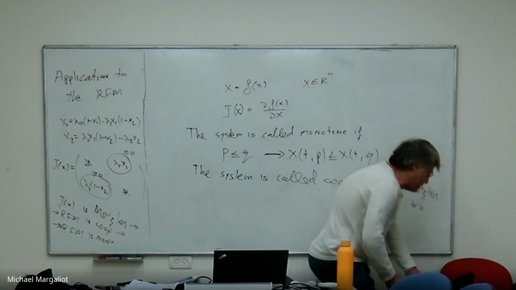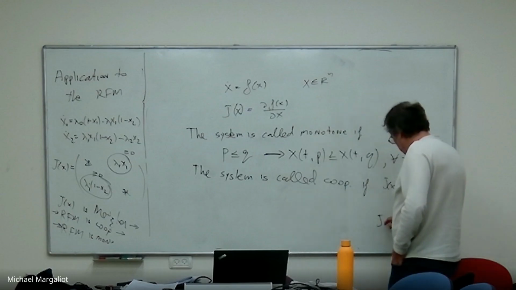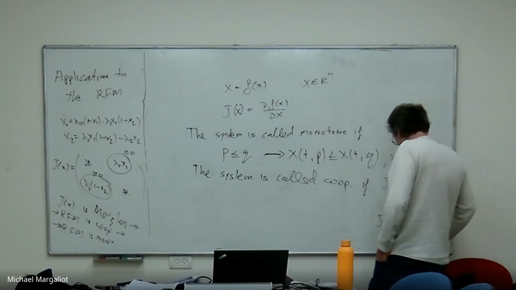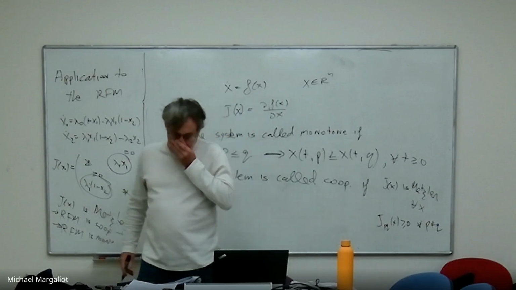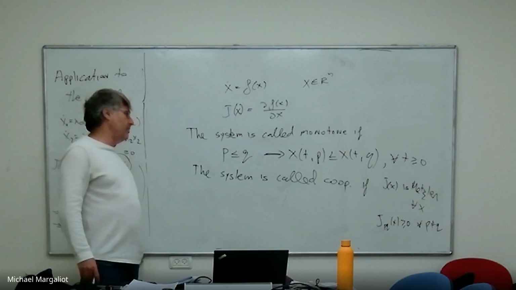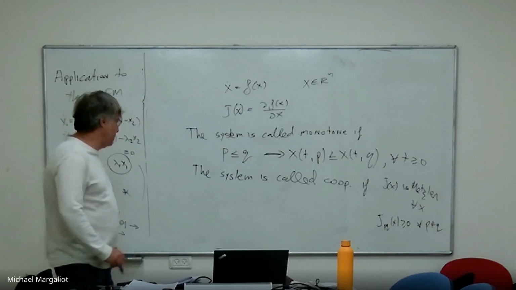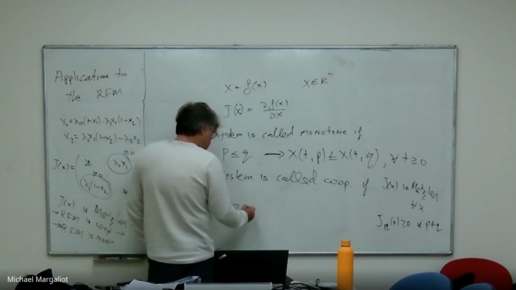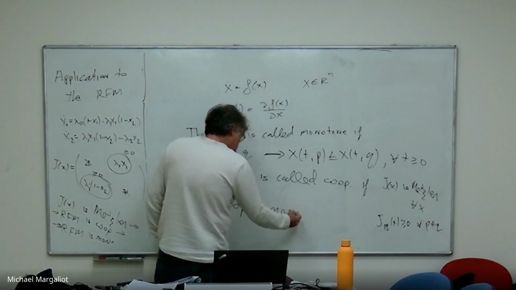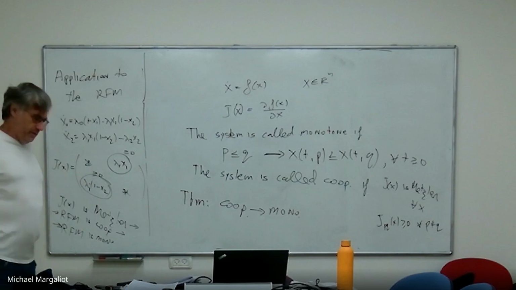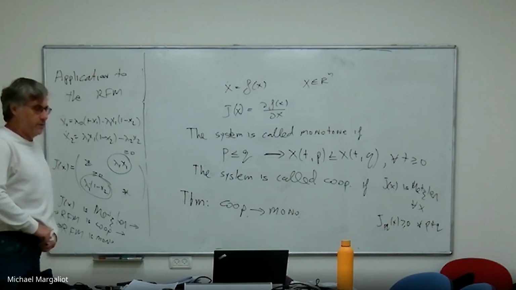Metzler means that the off-diagonal entries, the entries PQ of J with P different from Q, must all be non-negative. Then the matrix is called Metzler, and we stated a theorem that cooperativity implies monotonicity. So cooperativity means in some sense that different state variables cooperate with one another.